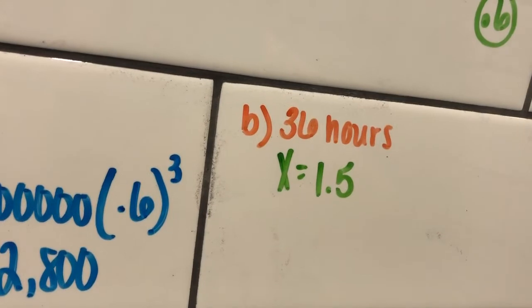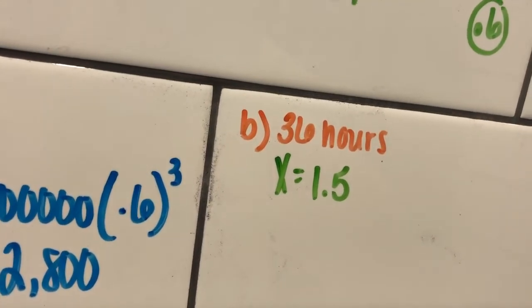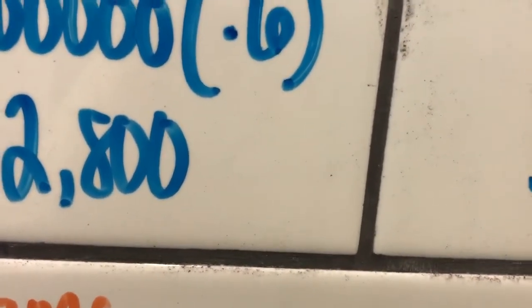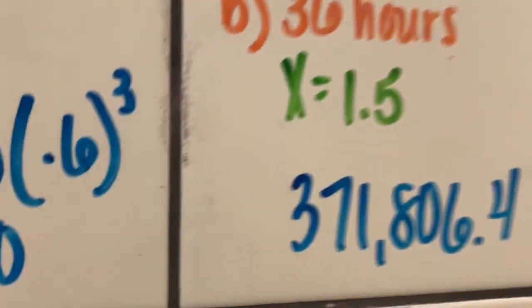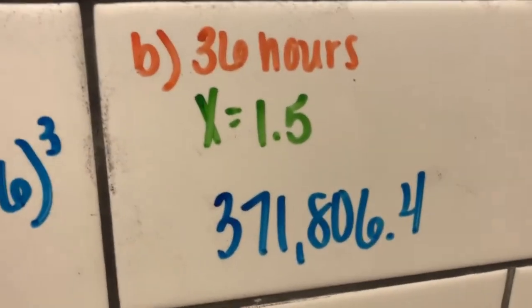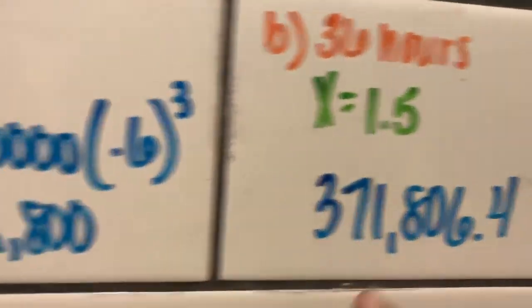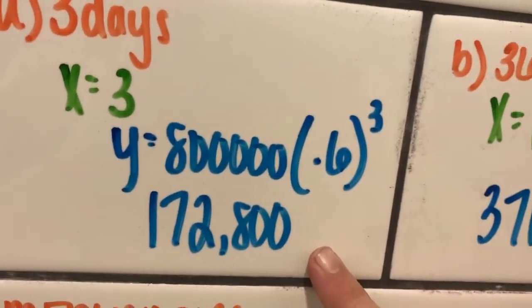And when I multiply it by 800,000, I end up with 371,806, we'll say 0.4, about termites left after a day and a half. So that's making sense. After a day and a half, I have this many left. After 3 days, it's going down even more.